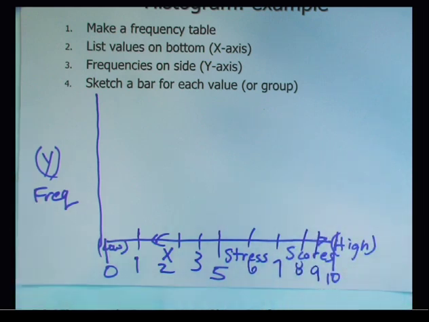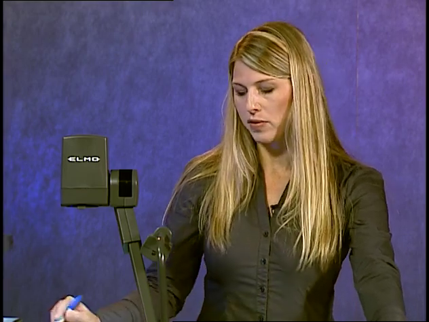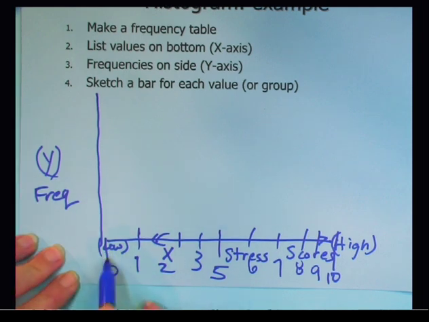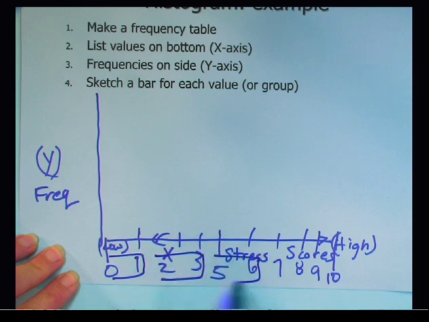There are scores, and if you were creating a frequency table with every one of these scores, then your histogram would have a bin for 0, 1, 2, 3, 4, 5, 6, 7, 8, 9, 10. Or you could group them and have 0 to 1, like we did before, 2 to 3, 5 to 6, 7, 8, and 9 to 10.